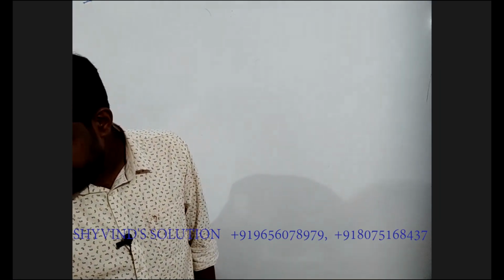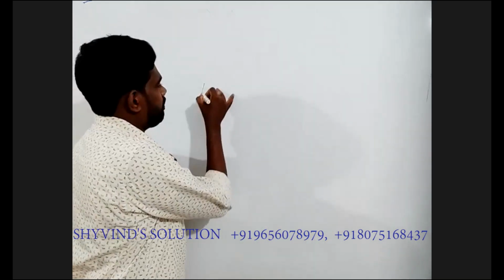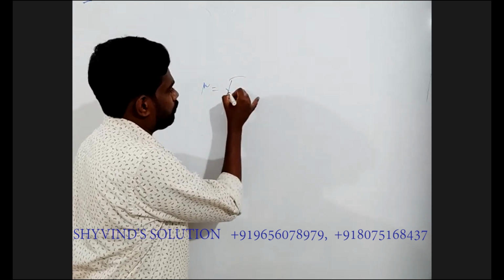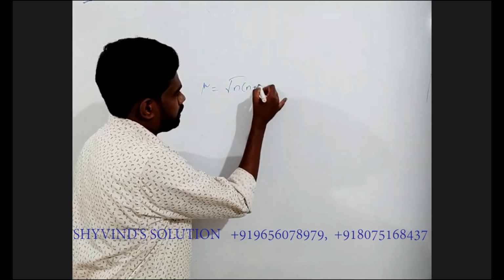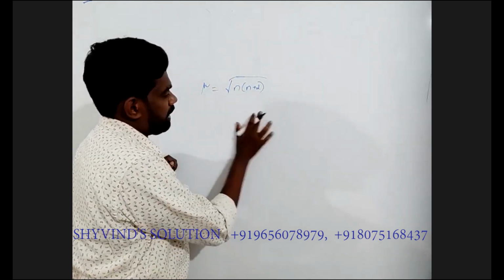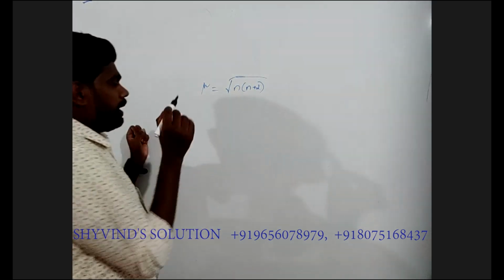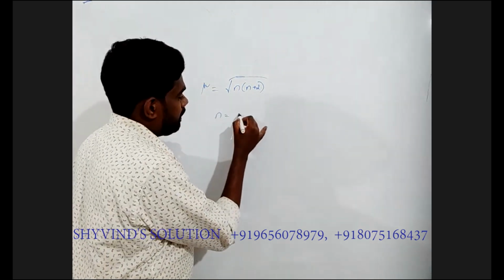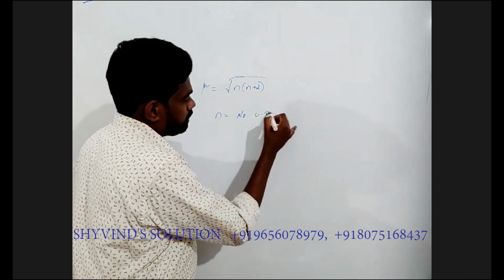To solve this, we should know the fundamentals of coordination chemistry. We know how to find the magnetic moment. The magnetic moment is given by mu equal to root of n into n plus 2. This is the equation for magnetic moment, and n is the number of unpaired electrons.